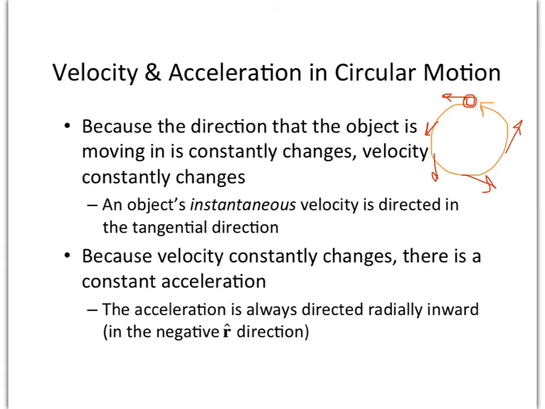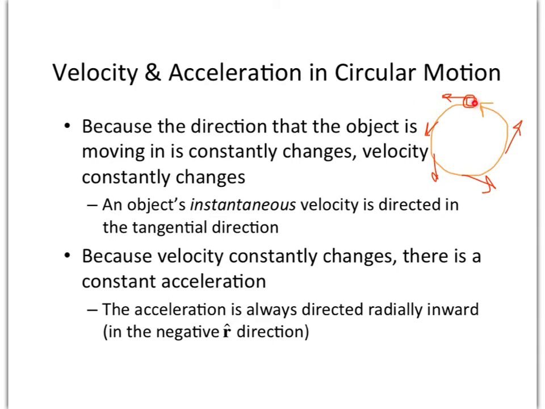Whether it's the magnitude or the direction that changes, it's a different vector. So anytime you have a change in velocity, whether it's the magnitude or direction, you're going to have an acceleration. And acceleration is responsible for keeping this object in a circular path. Otherwise, it'll want to move off in a straight line.